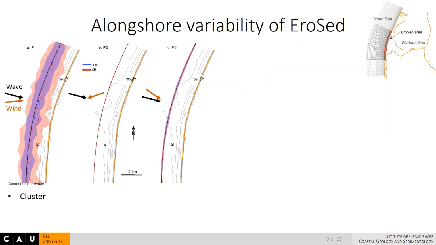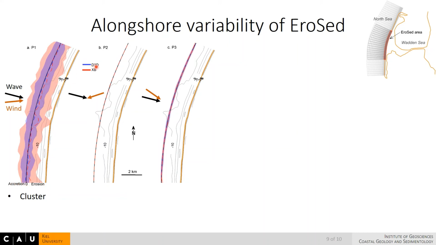Here is the alongshore variability of erosion sedimentation pattern within this area. Yellow line indicates coastline and grey lines are contours, and here wave and wind directions are given. With respect to this black line, shoreward is erosion, seaward is accretion.